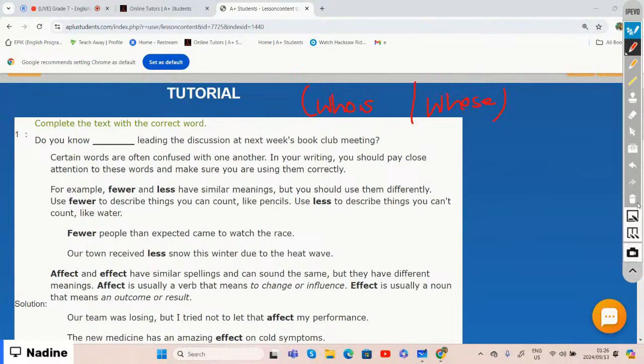If we were to choose the correct one, we would say, do you know who's, because it's like saying who is leading the discussion at next week's book club meeting?